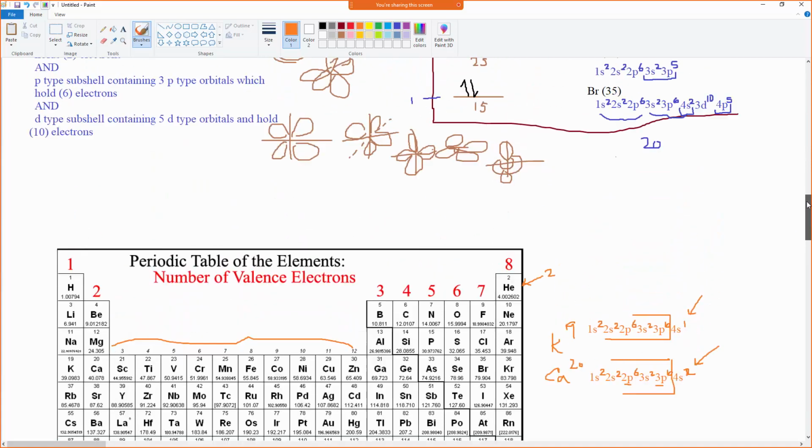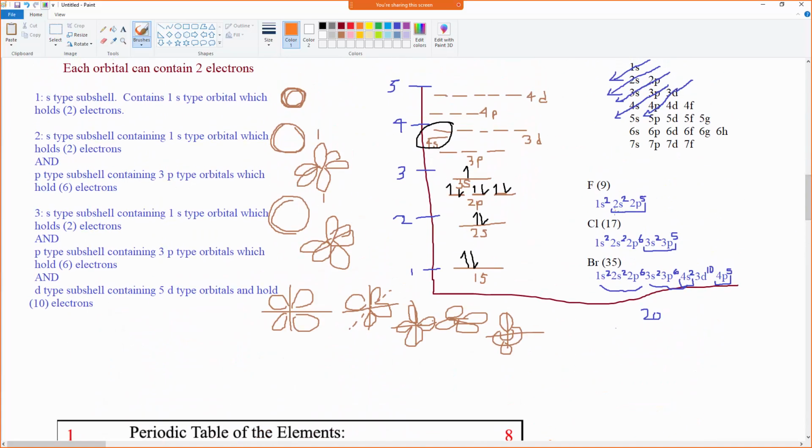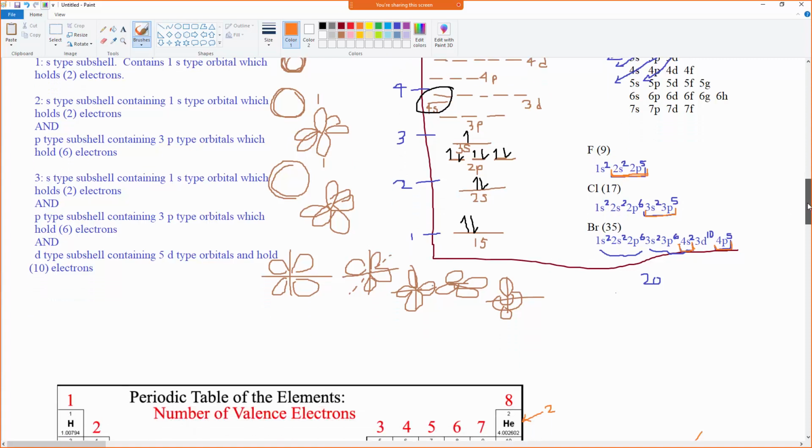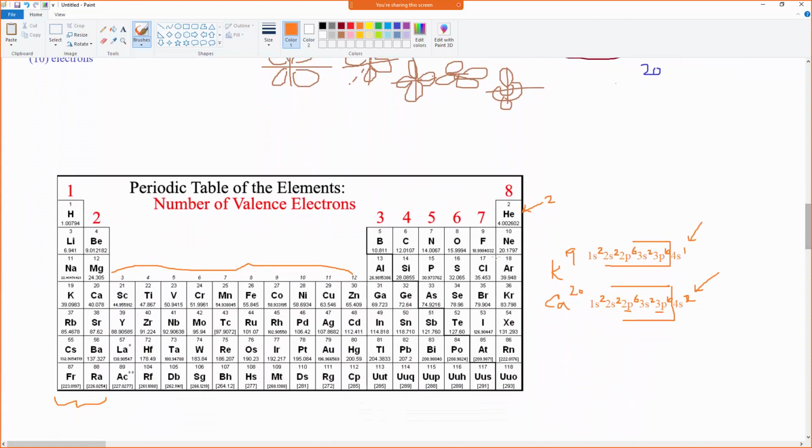So for like fluorine, chlorine, as we did here, we said everything together in the level 2 because it's all in level 2, not just because you're looking at the P's, right? And all in this outer level 3, there's 7 electrons. And we're going to skip the D there and say all this outer level 4, there's 7 electrons. So fluorine, chlorine, and bromine each have 7 electrons in their outer shell.